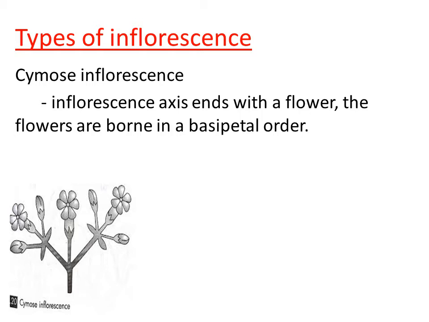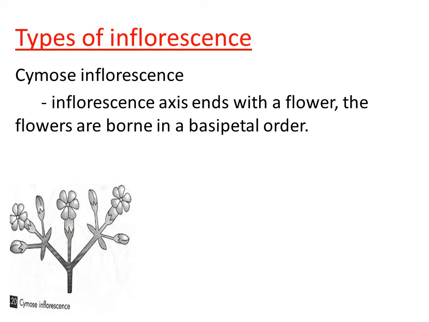Clear? In these two examples, the inflorescence axis itself ends with a flower, right? And the younger flowers form on the base of the older flower. So this is about the types of inflorescence.